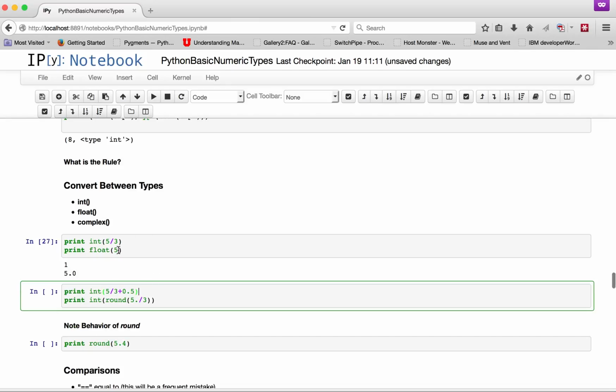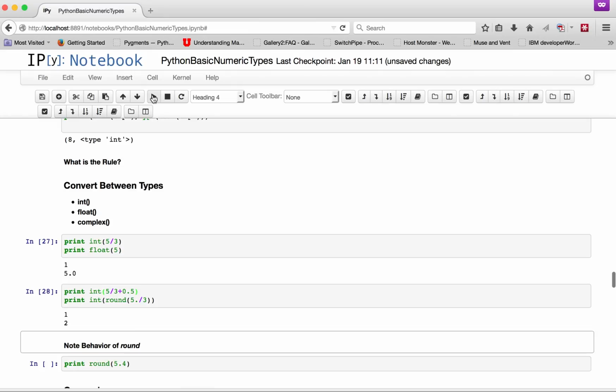So we started with an integer 5. We pass it to the function float, which returns the number 5 as a float. In this case, we're taking 5 divided by 3, which will be 1. We're adding 0.5, so we have 1.5. This is a floating point number.